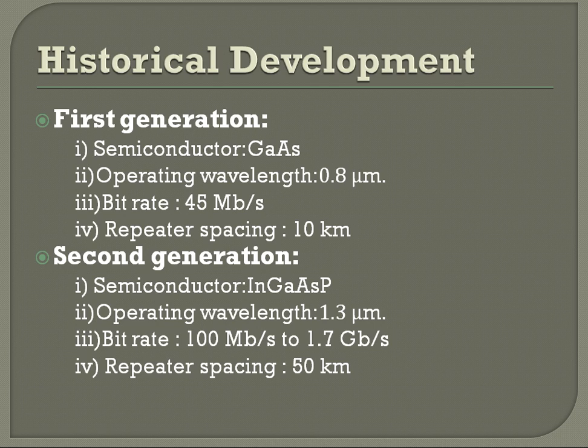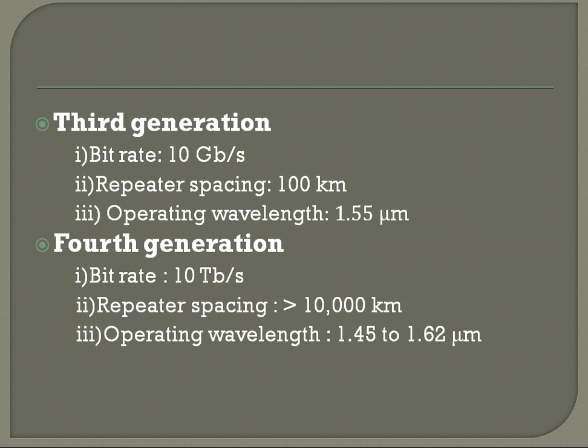The second generation system consists of indium gallium arsenide phosphate semiconductor lasers with the operating wavelength of 1.3 micrometer and the bit rate of 100 megabits per second to 1.7 gigabits per second with the repeater spacing of 50 kilometer. The third generation system consists of a bit rate of 10 gigabits per second with the repeater spacing of 100 kilometer and the operating wavelength is 1.55 micrometer.